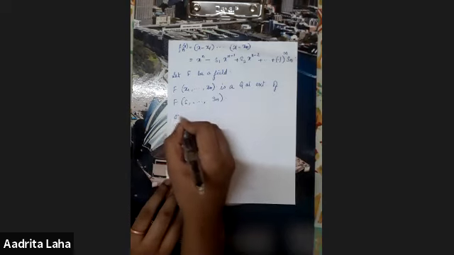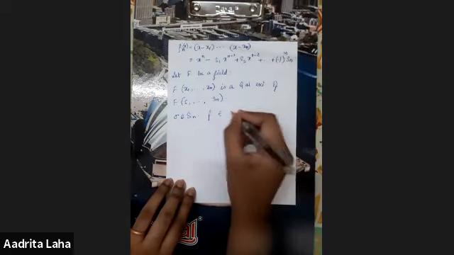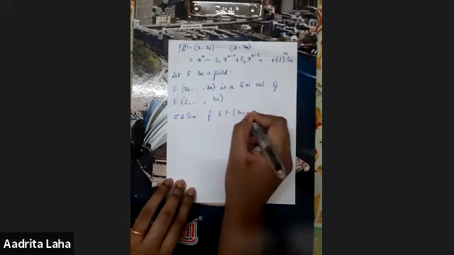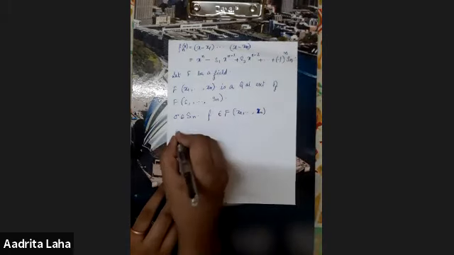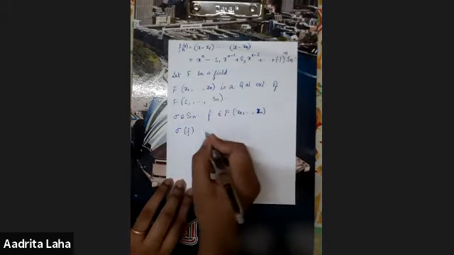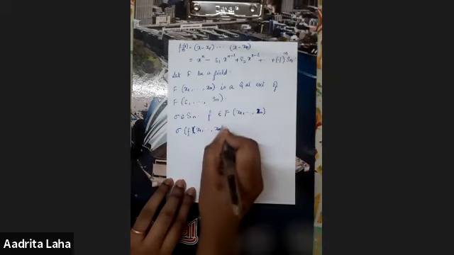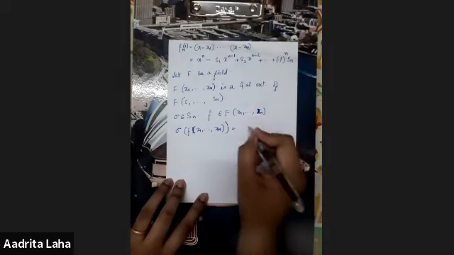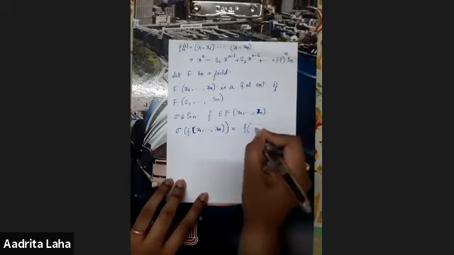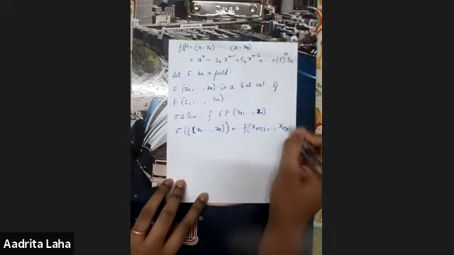We take any sigma in Sn, and we take a polynomial f in F(x1, ..., xn), and we say sigma acts on f. We can make sigma act on f(x1, ..., xn) to give f(x_sigma(1), ..., x_sigma(n)).